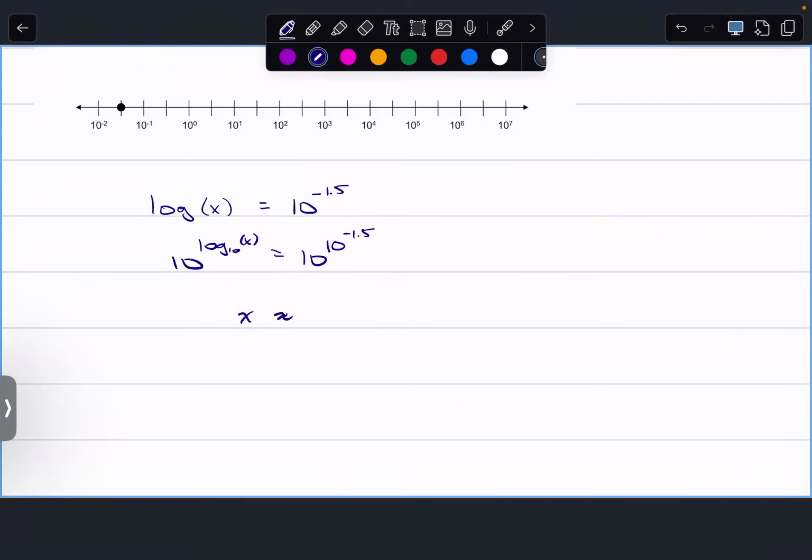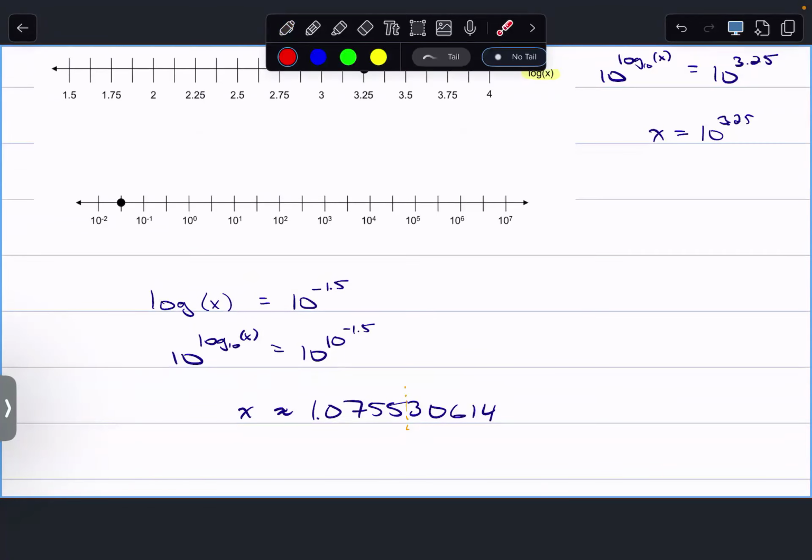Do you mean 1.0755? Very good. I feel like there's some information missing here, but whatever.